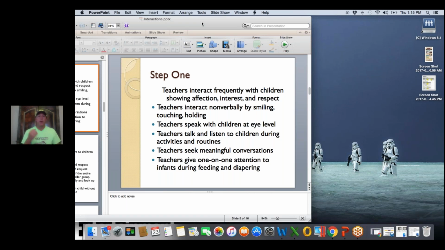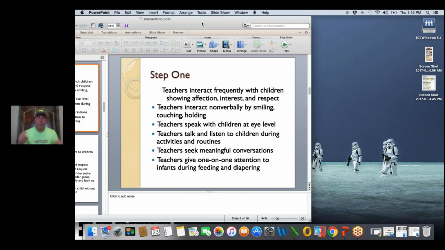Your smiles, your body language, the nurturing touch, comforting the child who is in distress, hugging the child, the high five, all of this is going to be much more important than the words that you say.